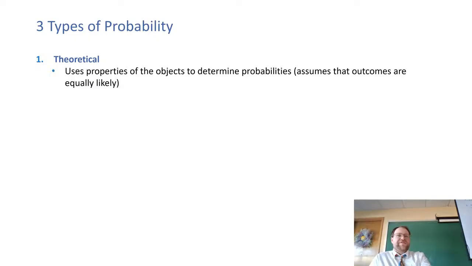Essentially, you run an experiment with an equally likely chance of something happening. So no result is favored over the other.